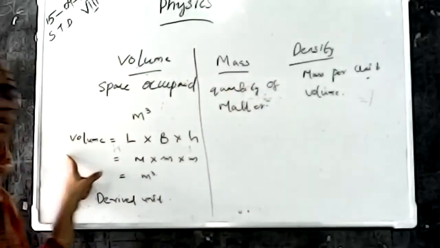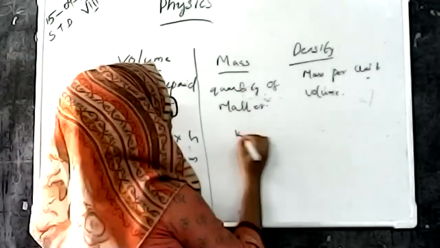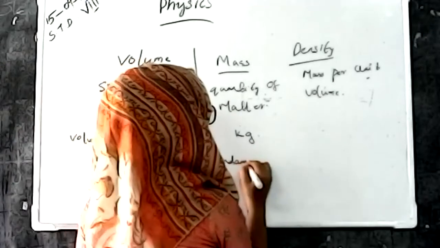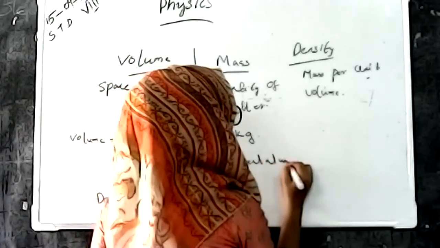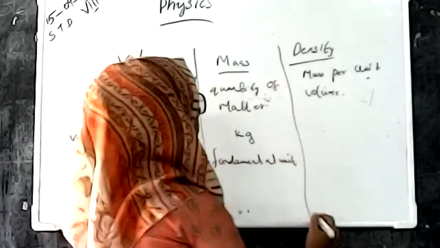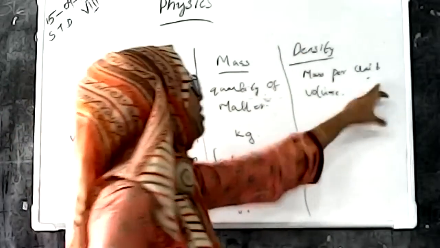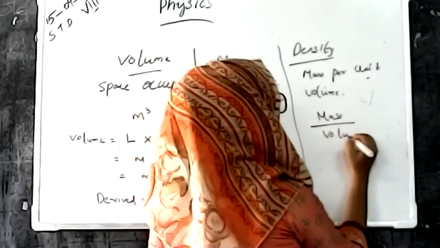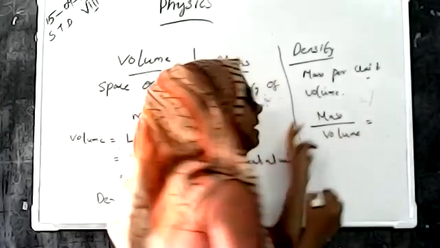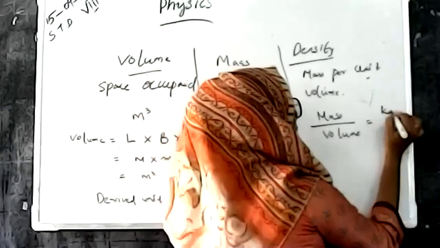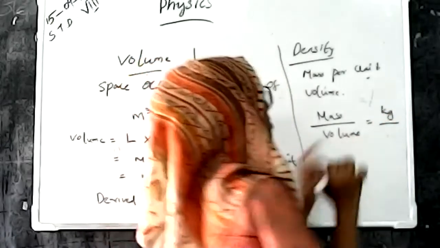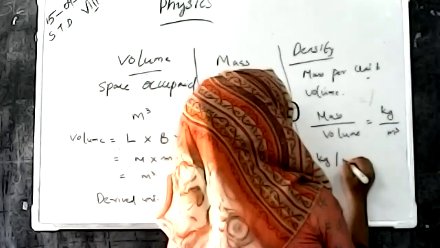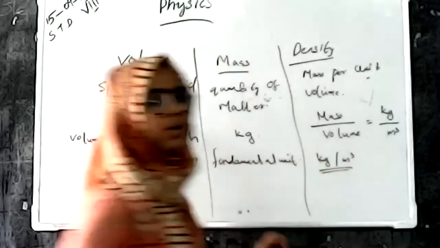And the basic unit of mass is kilogram and it is a fundamental unit. And density is the mass per unit volume, that is mass divided by volume. The unit of mass is kilogram and the derived unit of volume is meter cube. So the unit of density is kilogram per meter cube.